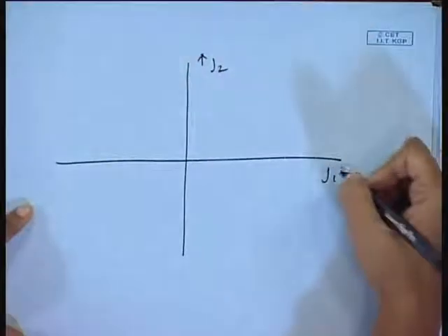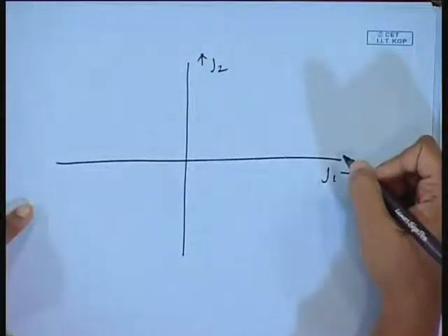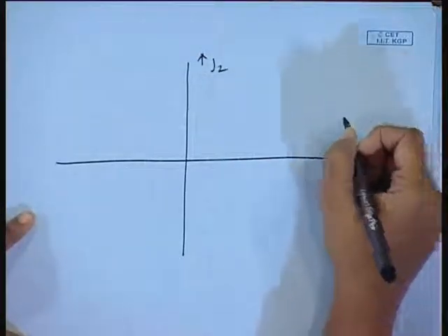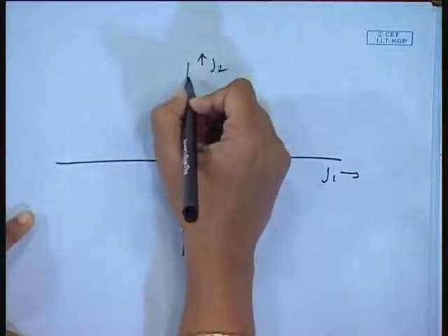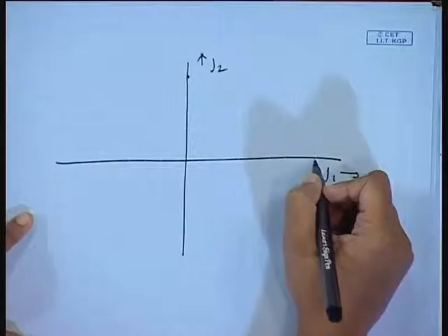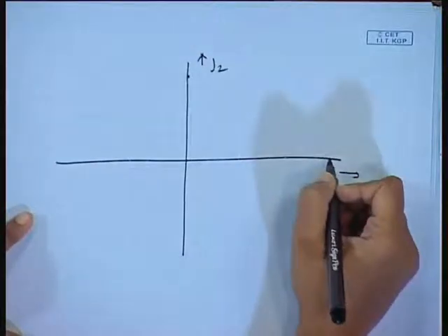J2 and J1 can have different positive as well as negative values, is it not? Now, for a particular alpha, what will be the intercept on the x axis? X axis means J2 equals 0.